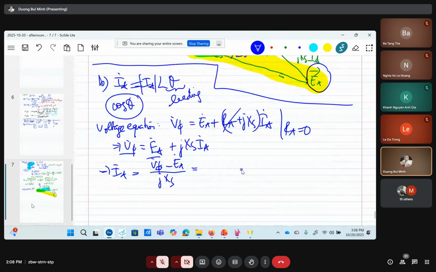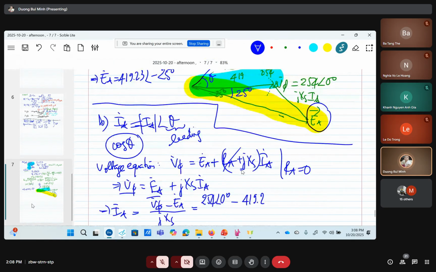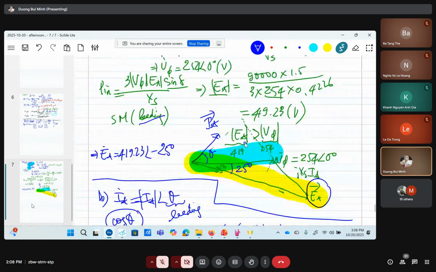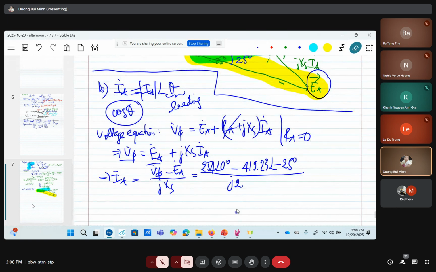And V phase is how many? 254. Okay, we have 254 with 0 degree minus EA. EA is 1419.23 with the phase angle minus 25 degrees, then over jXS, and XS is 1.5.